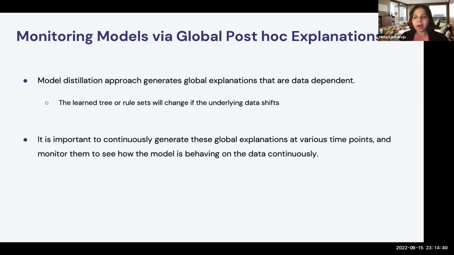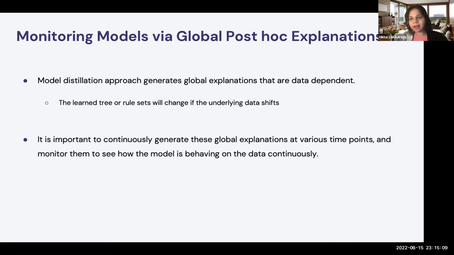Now, it is important to continuously generate these global explanations at various time points and monitor them to see how the model is behaving on the data continuously, right? So when the model is built, obviously we'll use the data that the model was built using, and then the corresponding model predictions, and then we'll fit a decision tree to approximate the behavior of the underlying model and see some high-level patterns about it, right?